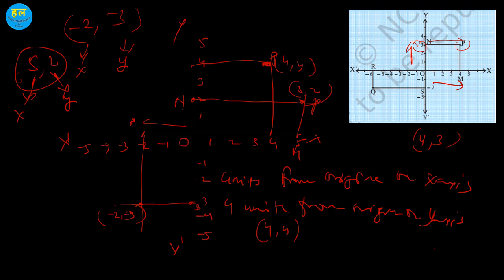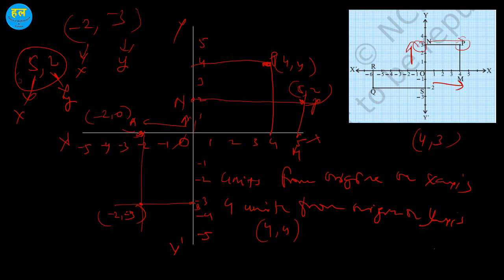Okay, so what will be this point? Since it is on the x-axis, that is, this point is on the origin of y, since it is not above or below any point, this is -2 comma 0.